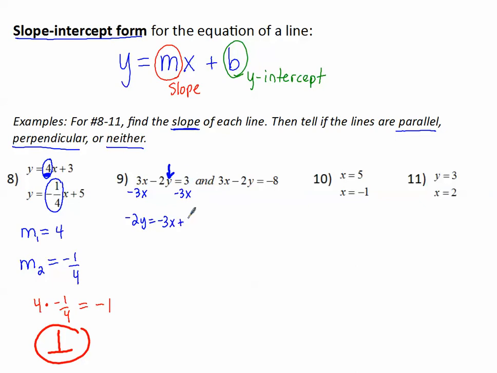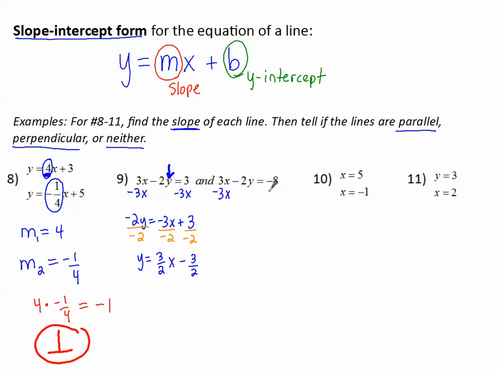Now I'm going to divide by this coefficient, negative 2, and I do it to every term. When I divide by negative 2, now the y will be by itself, and this says y equals 3/2 x minus 3/2.